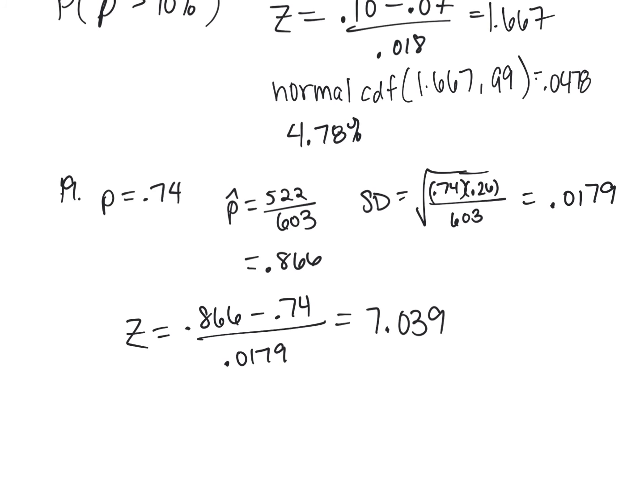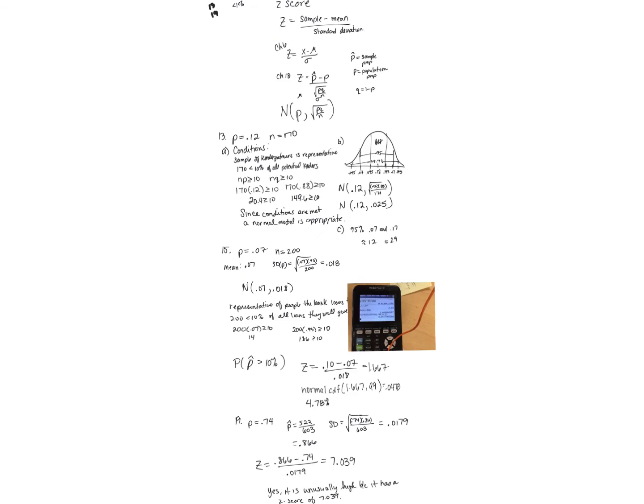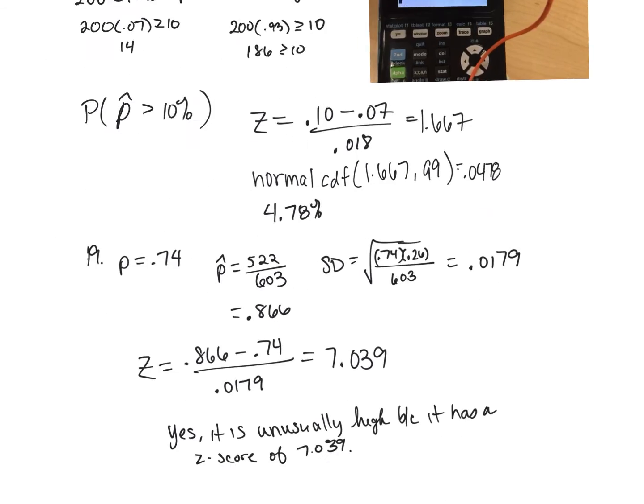Okay, so yes, and here's the thing. Did I answer the question by writing 7.039? No, I did not answer the question. I need to say yes, it is unusually high because it has a z-score of 7.039.